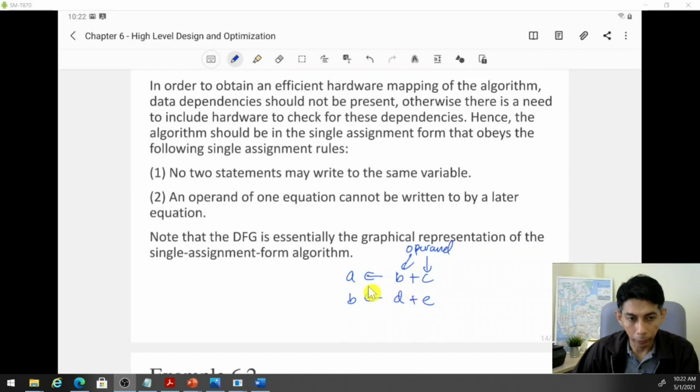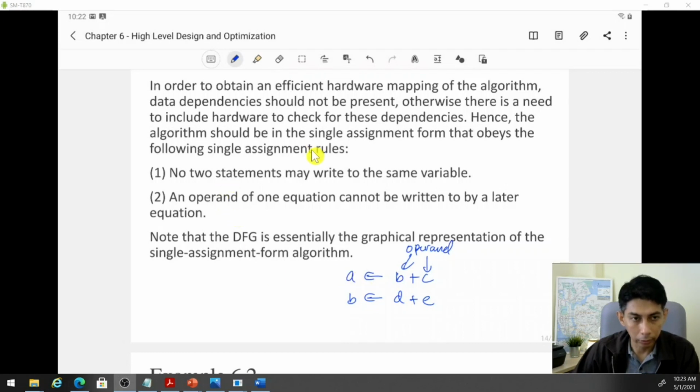So we cannot guarantee that this B is valid before we read A. All right, so this is data dependencies.